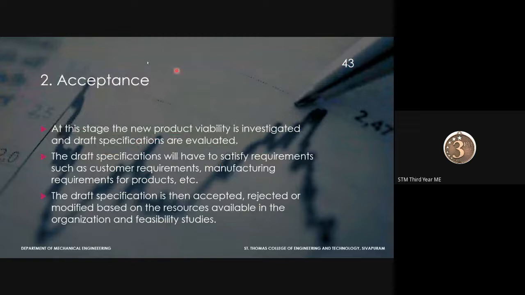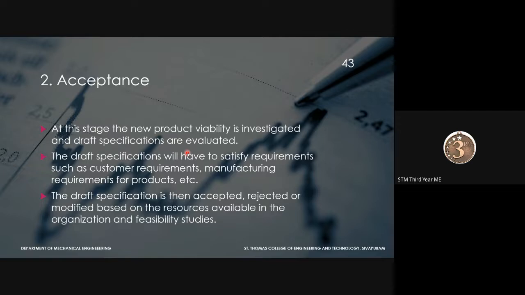Okay, under acceptance phase, or at this stage, the new product viability is investigated and draft specifications are evaluated. So under conception, we are developing the product based on the specification we have stated earlier and on the competitive needs of the market. And after that, we are checking the new product for the draft specification.